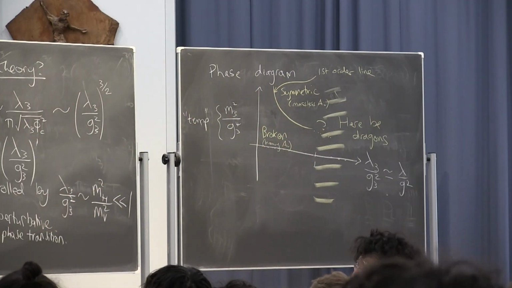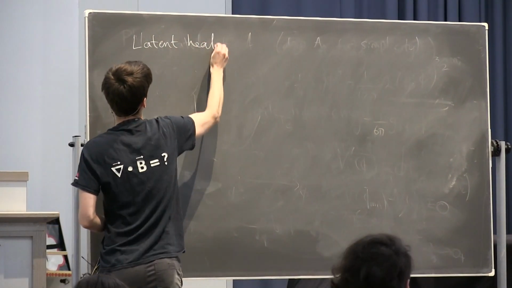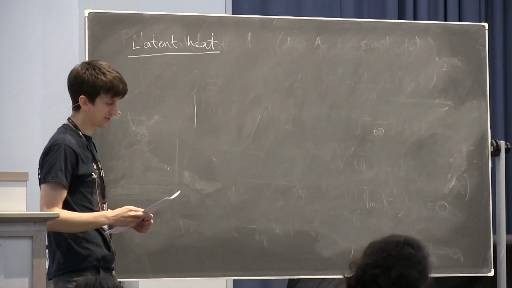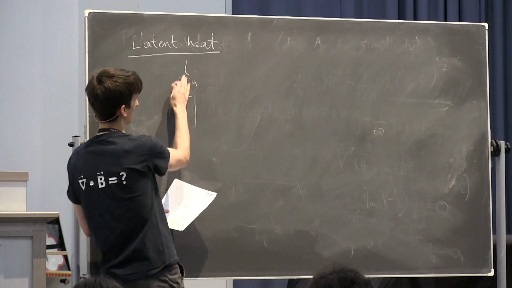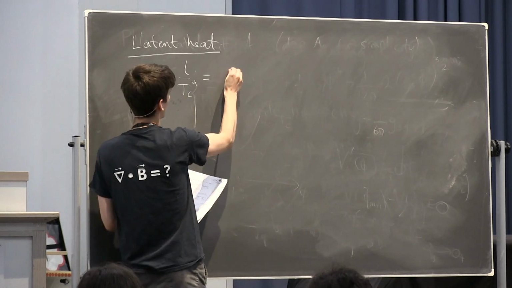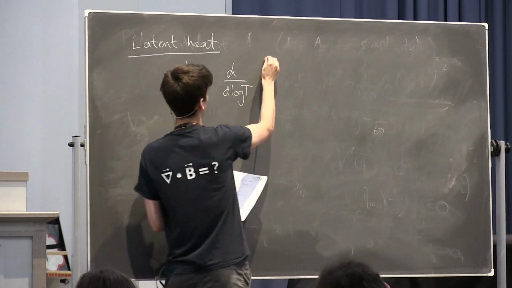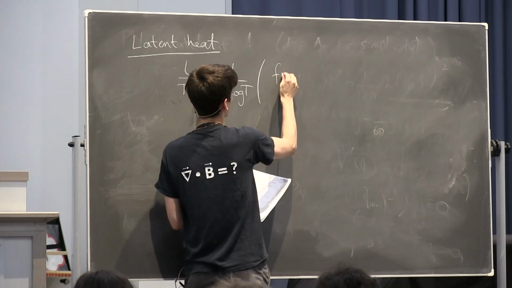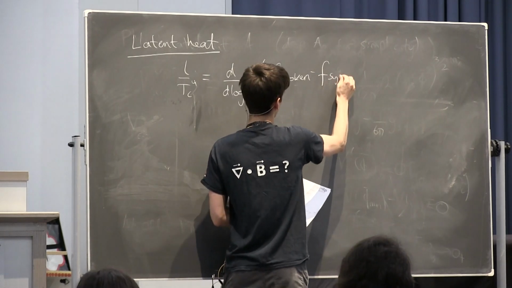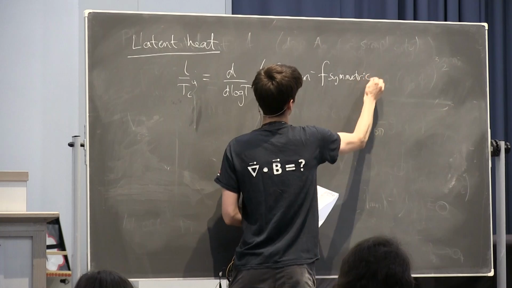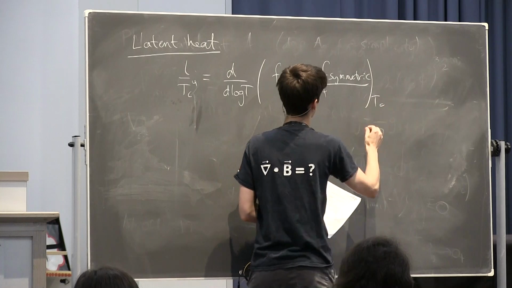one thing we can ask about is the latent heat. This is how much heat is kicked out at the phase transition. And the dimensionless version, because it has dimensions of mass to the 4, can be evaluated like this: F broken minus F symmetric on T to the 4, evaluated at Tc.